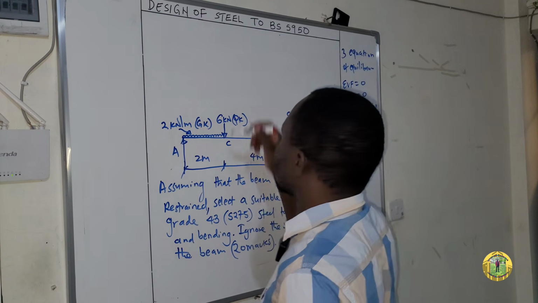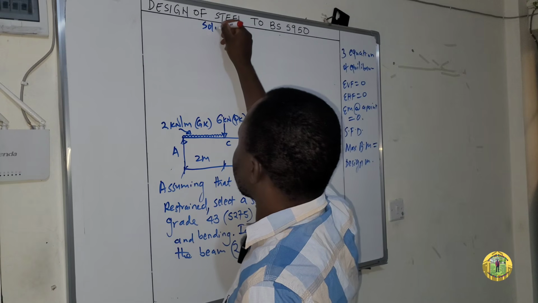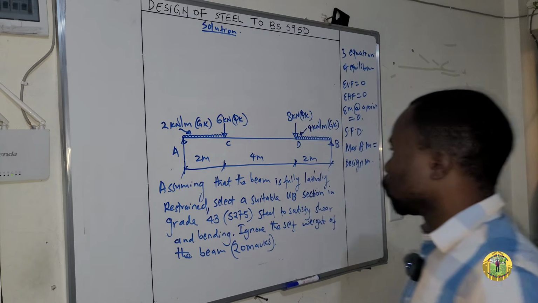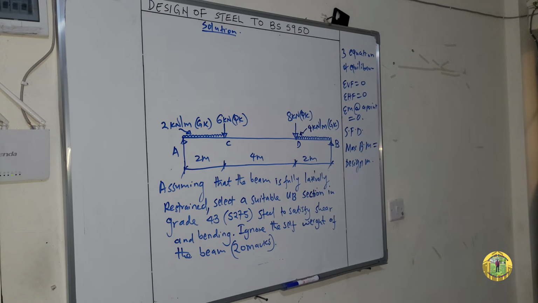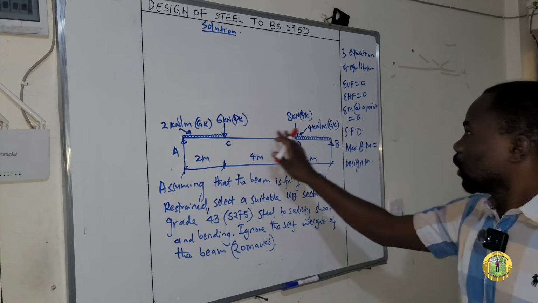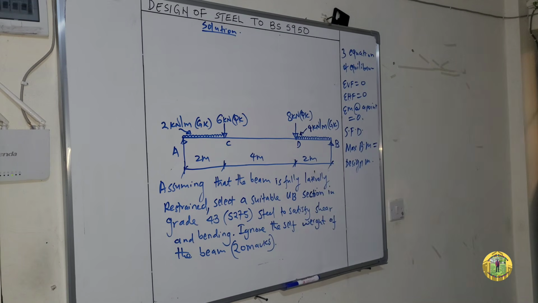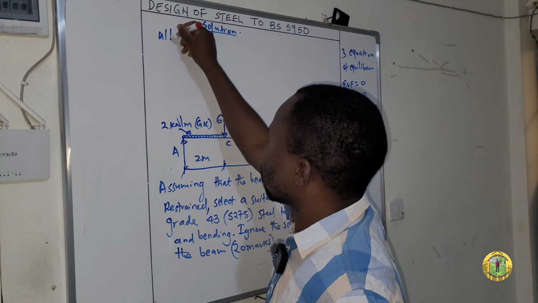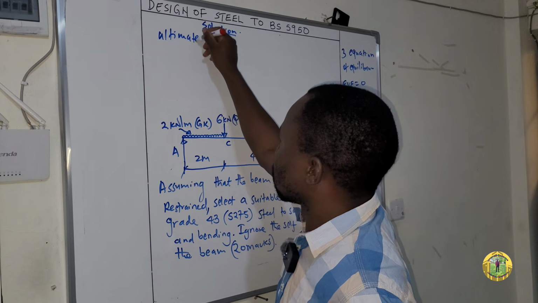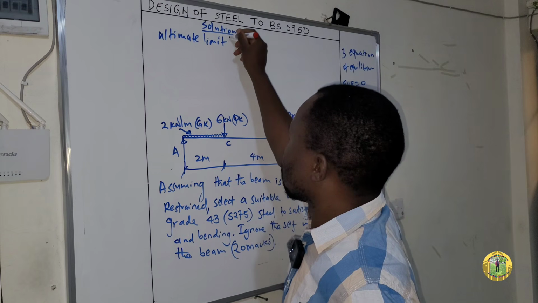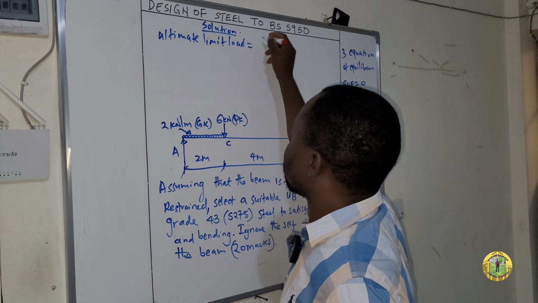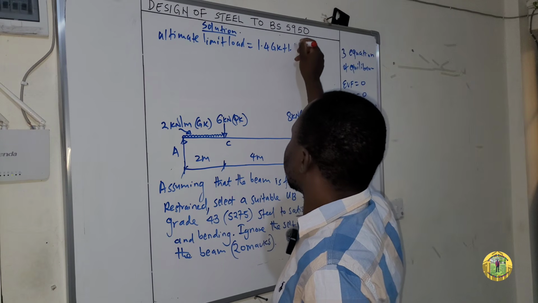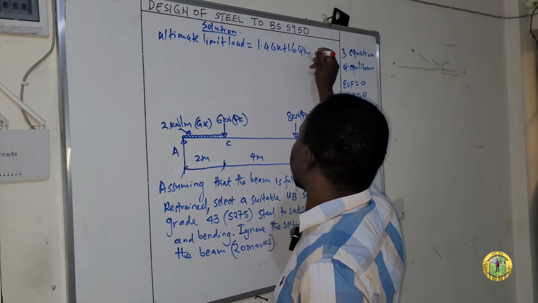So solution. The first thing to do is to factor this loading. And how are we going to factor this loading? We know that the ultimate limit load is equal to 1.4 GK plus 1.6 QK.